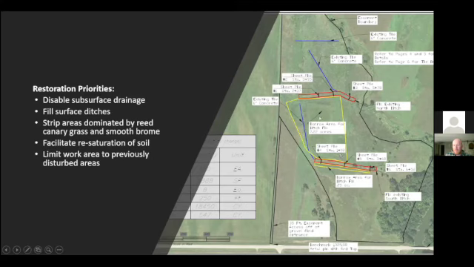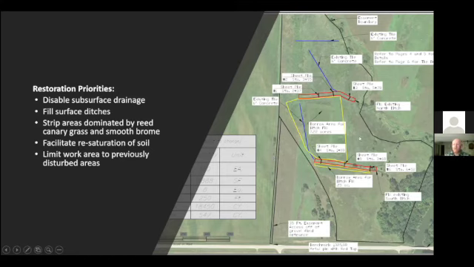And then also, if we needed additional borrow to help fill in those ditch areas, because as you know, those organic soils, as they are exposed, as the hydrology goes away, they start to oxidize and basically slough and disappear. We knew we were going to have to fill those in, and we were going to need some borrow to do so. So we targeted those areas that have been previously disturbed to strip off and provide those areas to fill in the ditches. The final piece that we really wanted to do was facilitate the resaturation of this fen.